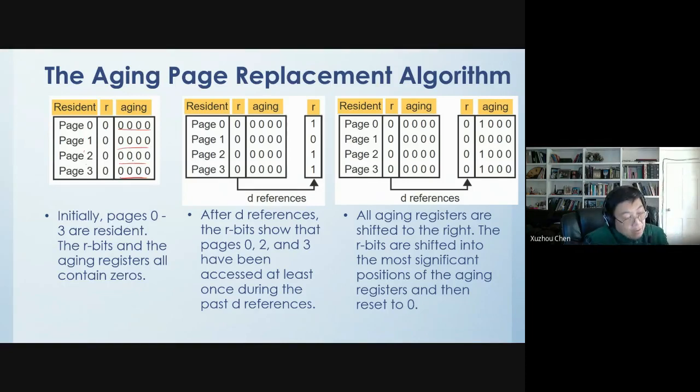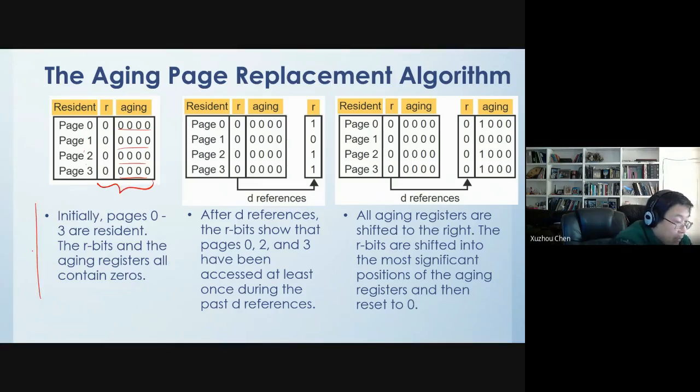That means all these pages have never been referenced. This is probably the initial state when the program is just loaded into physical memory, so all the reference bits are 0, and the aging history is all 0.